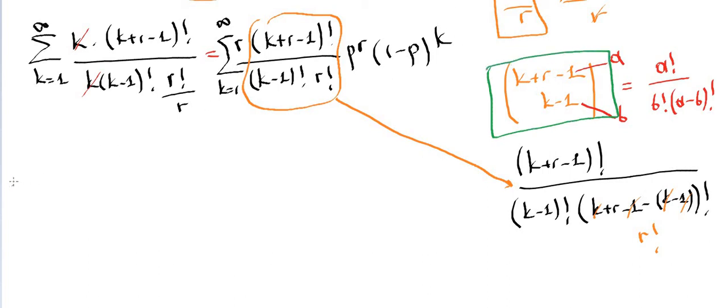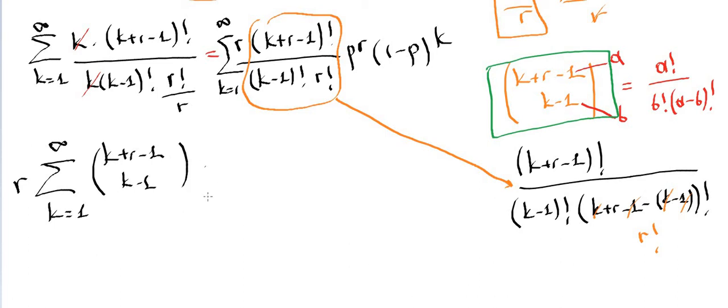And we can pull r to the front, summation k from 1 to infinity. Instead of this expression, we're going to use k plus r minus 1 choose k minus 1, and we have p to the r and 1 minus p to the k.